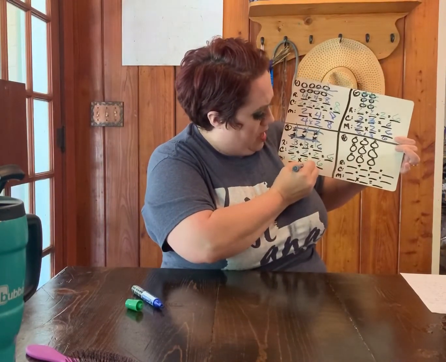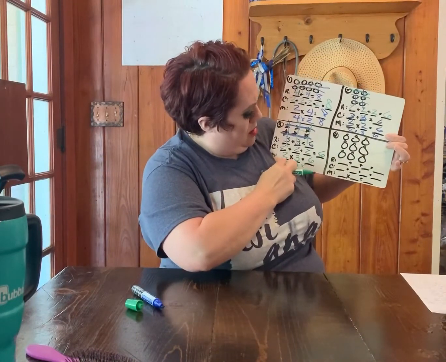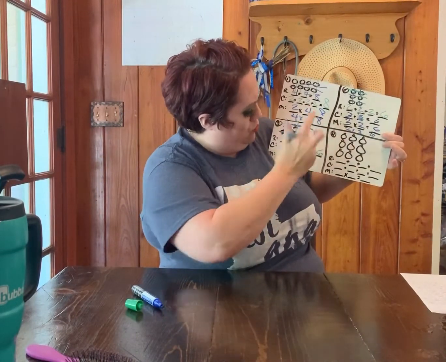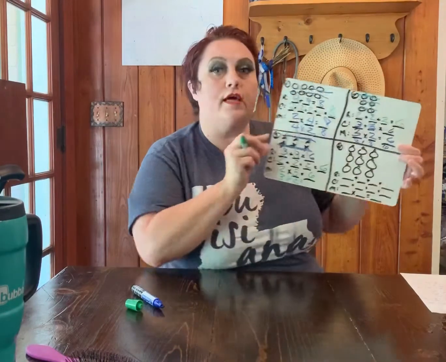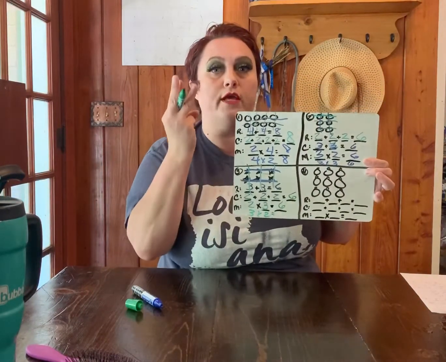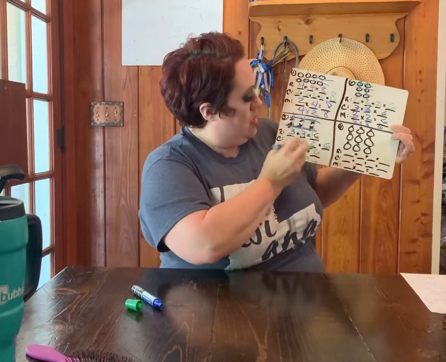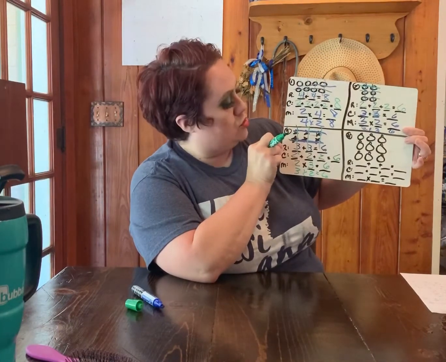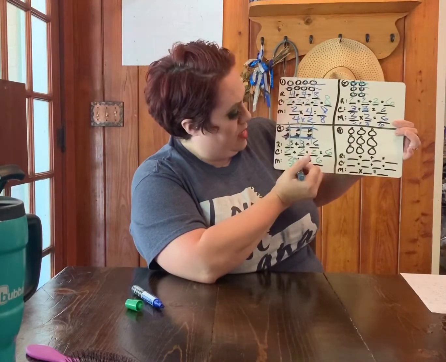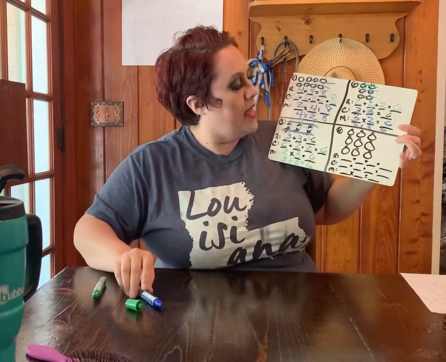And if we did columns, we have 3 columns, 1, 2, 3. It's going to be 3 times 2. That's saying you're adding 2 three times. 2 plus 2 is 4 plus 2 is 6. So 3 columns of 2, 2 rows of 3. 2 times 3 is 6. 3 times 2 is 6.